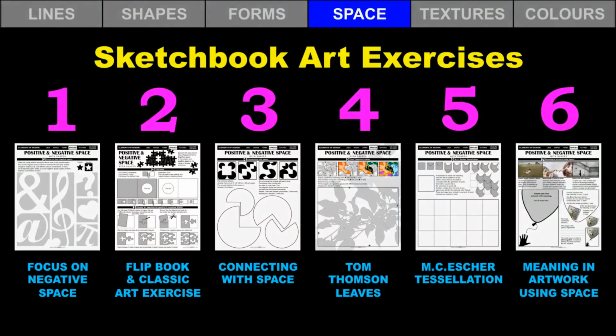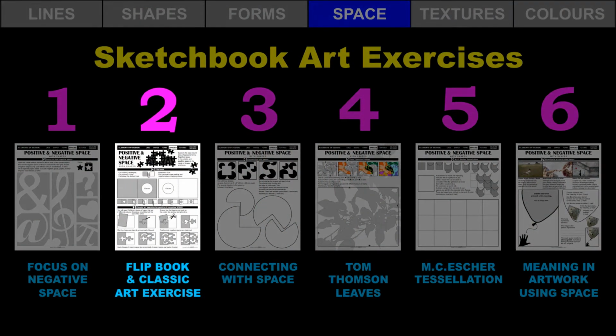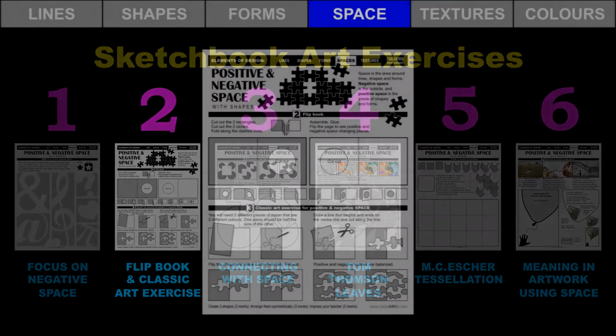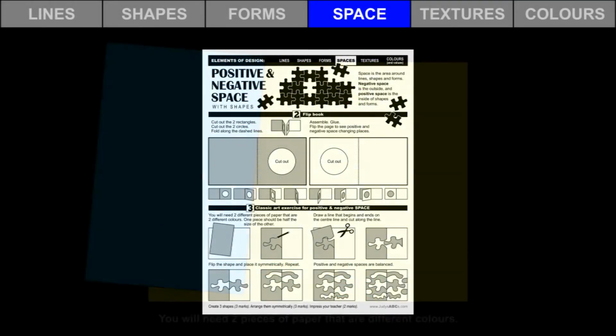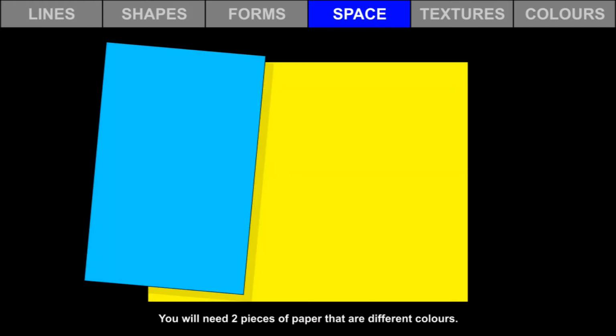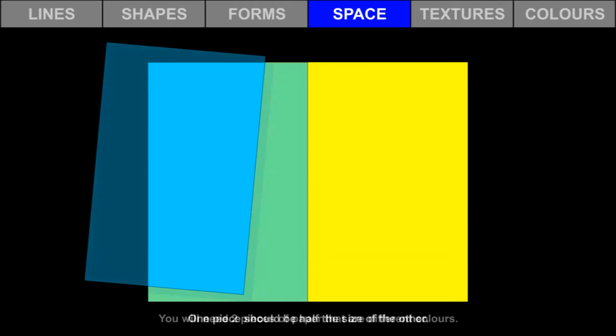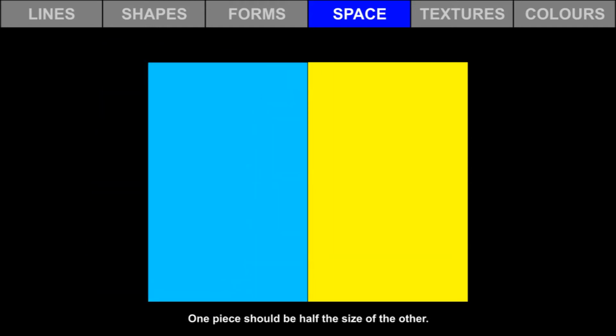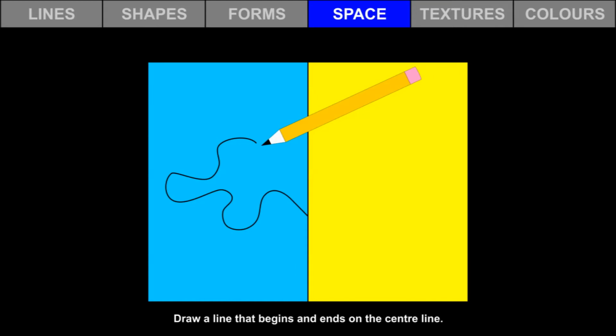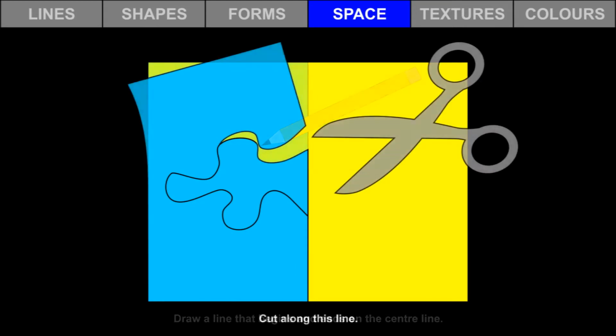Next, try this classic art exercise for exploring positive and negative space. You will need 2 different pieces of paper that are 2 different colors. One piece should be half the size of the other. Draw a line that begins and ends on the center line and cut along the line.